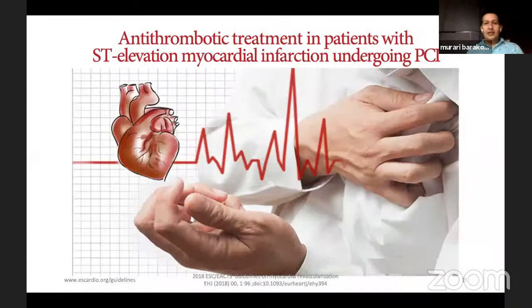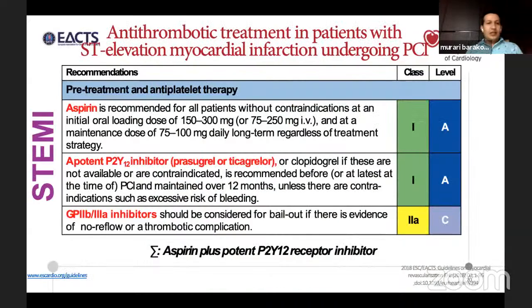Coming to another scenario, ST segment elevation MI, which is the highest thrombotic risk. So it has more clear evidence and more clear answers. Again, we have to give aspirin at the lowest dose. And P2Y12 inhibitor, preferably a potent one; only if they are not available, or because of cost issues, or because they are contraindicated, can we give clopidogrel as a second choice.